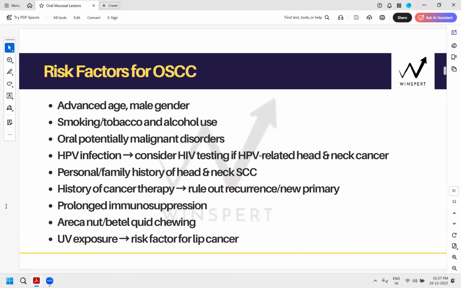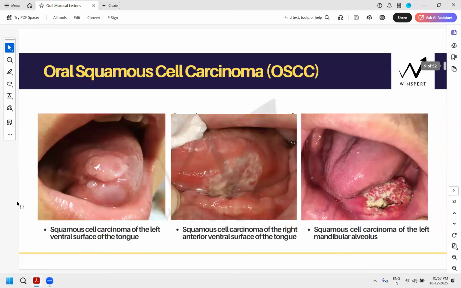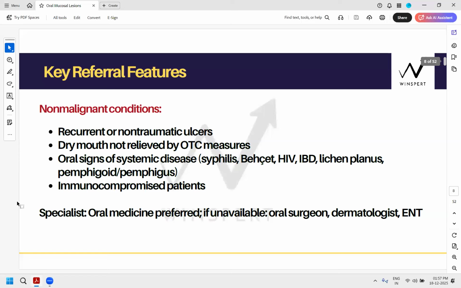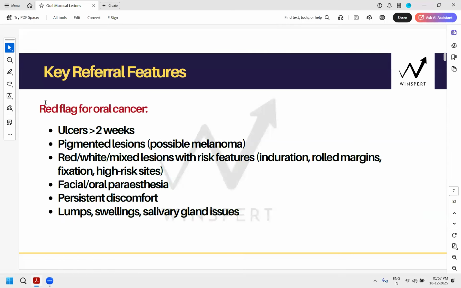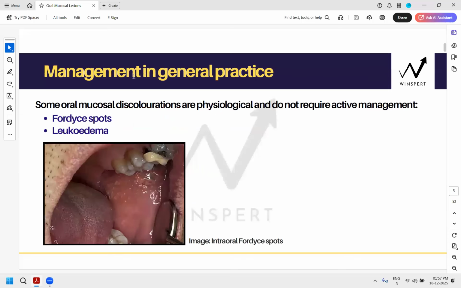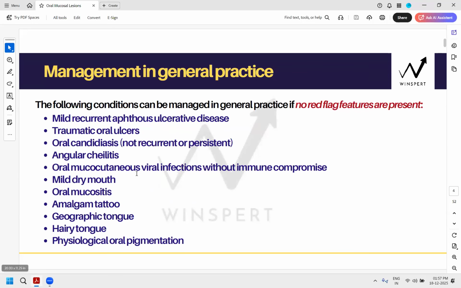Then comes non-malignant conditions which warrant specialist referral. Second category is any condition that includes a red flag. Third category is your general practice conditions. So four categories. Everybody understood?